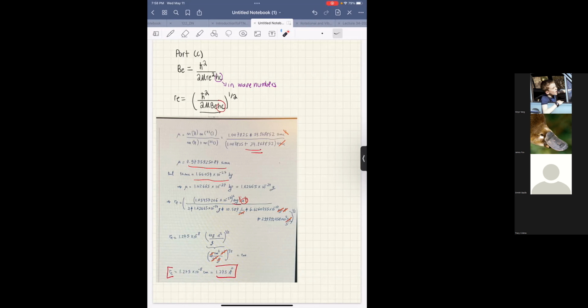He actually plugged in B, then he divided by 8c. Oh wait, I think I know what he did. He multiplied by 8c because BE is here, so that's what he did. And okay, that makes sense. That's Planck's constant and the speed of light, because it's in centimeters, because that's CGS units, and it's in ergs because CGS units. And after solving that, you get your answer below.